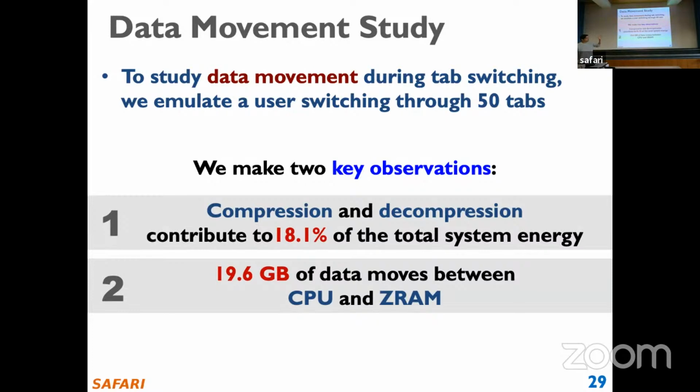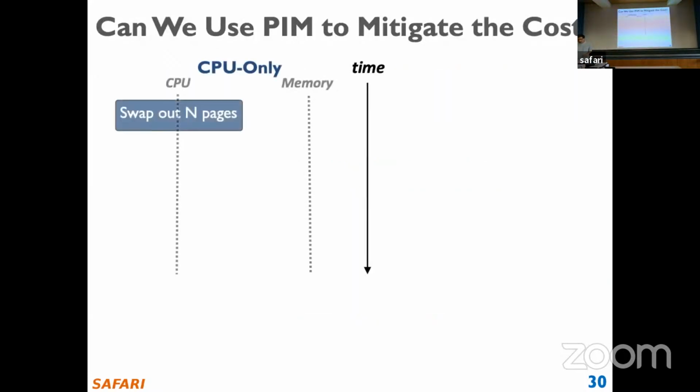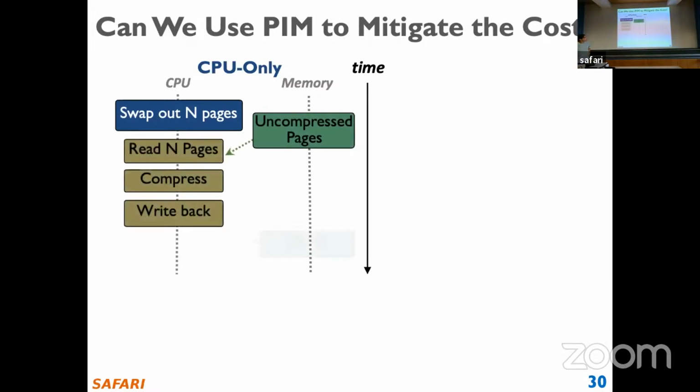And in total, when switching through these 50 tabs, there is a large data movement between CPU and ZRAM, almost 20 gigabytes for 50 tabs. So there's a lot of data movement there, as you can see. So what's the key idea when using a PIM accelerator or a PIM core here?